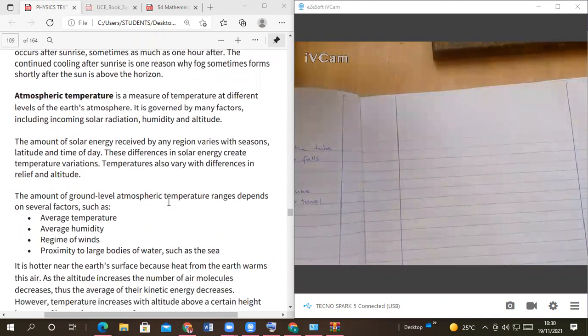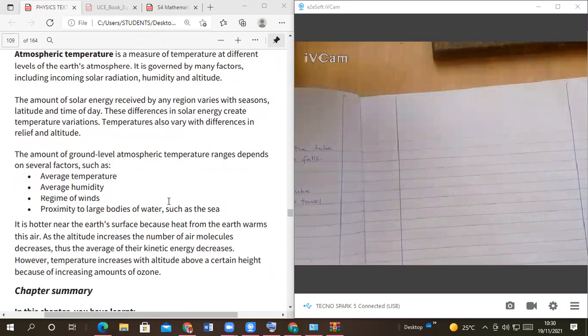Okay, so there are things that I told you that contribute to the atmospheric temperature. We talked about the humidity. We talked about the average temperature throughout the day. We talked about the regime of winds and also the proximity to water bodies. Areas around water bodies experience a lot of winds, and normally they are cold.